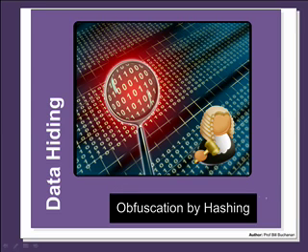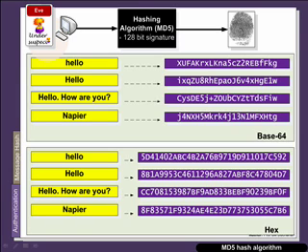Another method that a malicious party might use to hide information is to obfuscate it by hashing. Hashing works by taking any size of message and then converting it into a standard hash signature. In this case, base64 has a 128 bit signature.